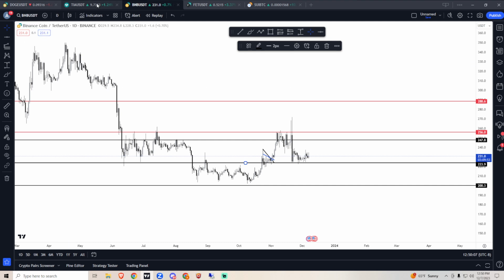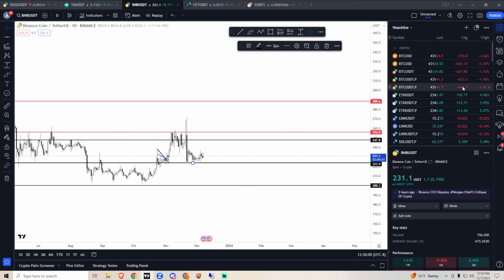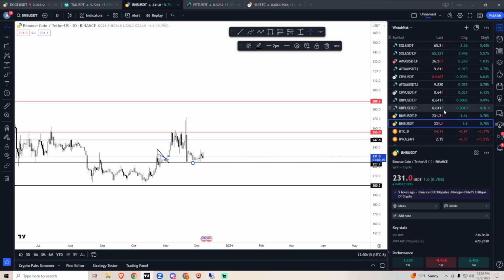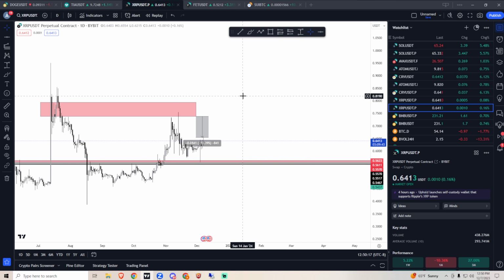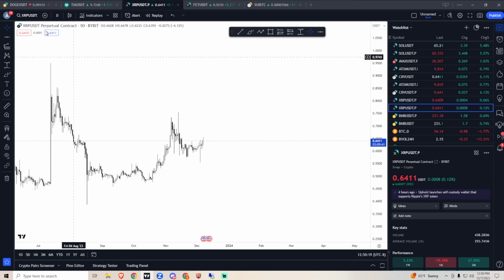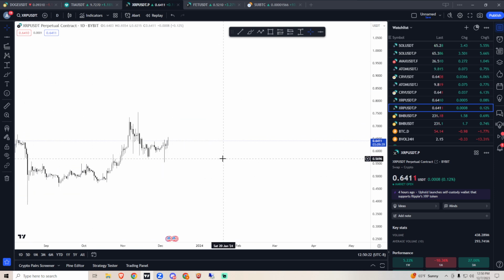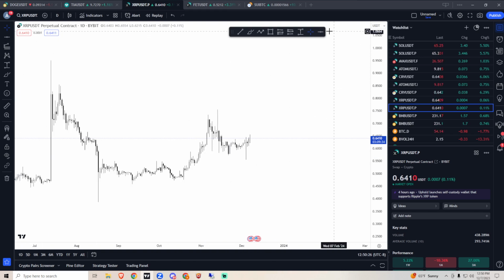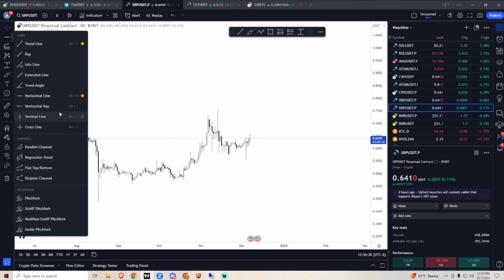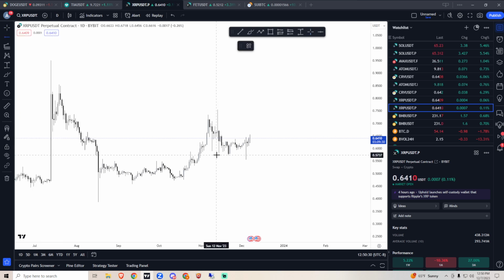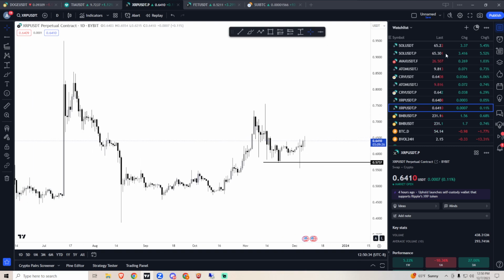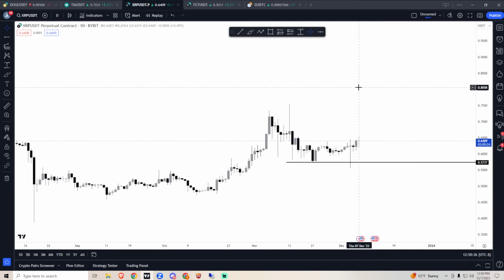Okay. XRP. So off the bat, we see that XRP had a swing failure. Okay.